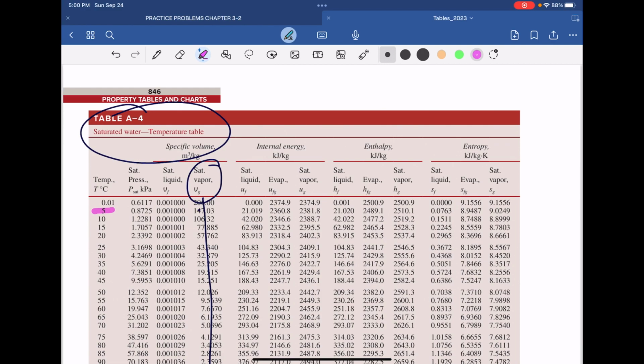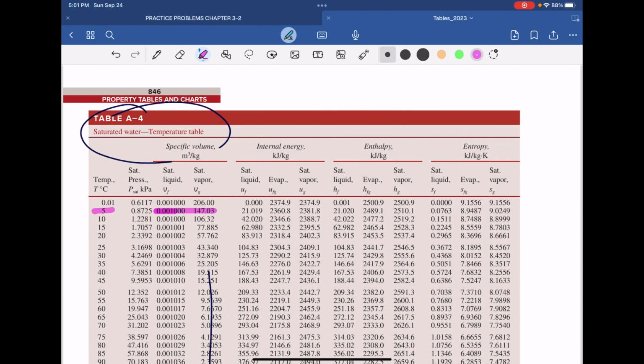And what we need to do is we know our specific volume is 3.5967. I can compare that with VF and VG. Looking at VF and VG and comparing it with our specific volume, which is 3.5967, it looks like it fits in between.